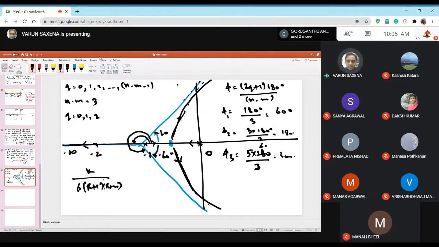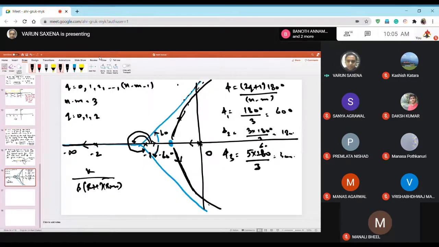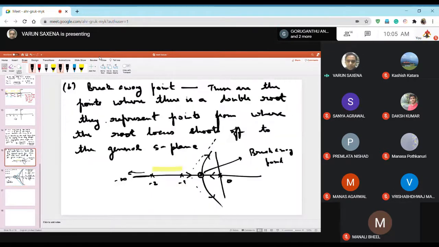If you're going to draw the root locus of it, it will look like this. That is what I mean by asymptotes that I have evaluated using rule number 5. Using rule number 5, I have evaluated the angles of these asymptotes, straight lines, and then rule number 6 tells you the breakaway point.